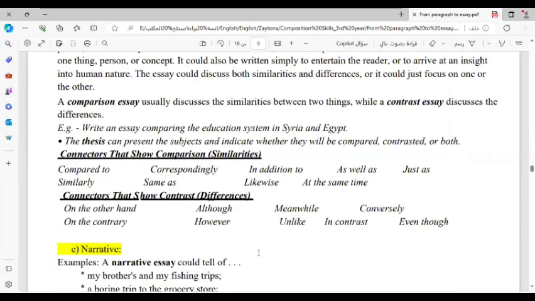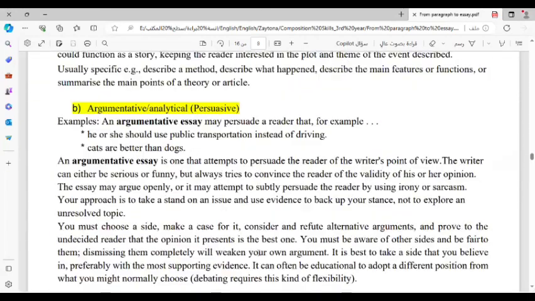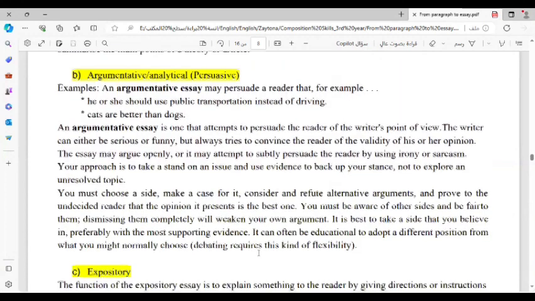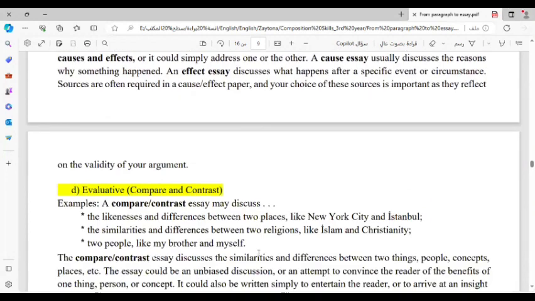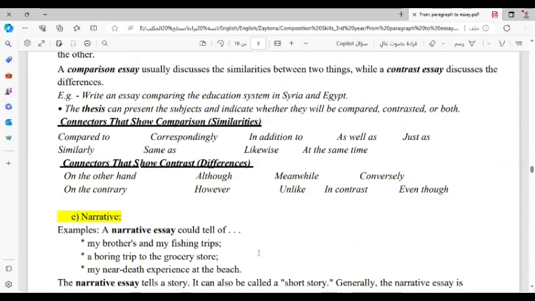Before having any example, you need to focus on these types of essay, because when you identify the type of an essay, when I ask you to write any essay, it could be easier for you to identify: is it descriptive, is it persuasive, is it expository, is it cause and effect, is it compare and contrast, or is it just a narrative or short story.